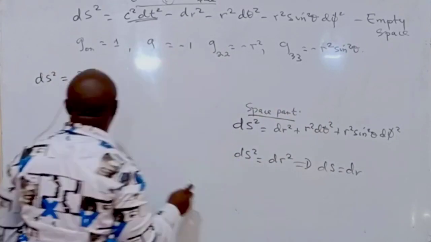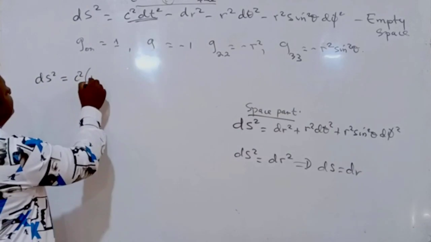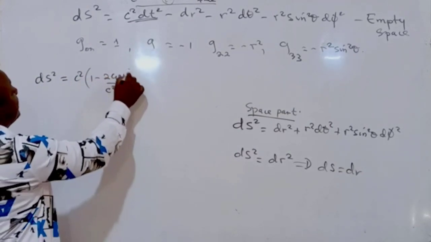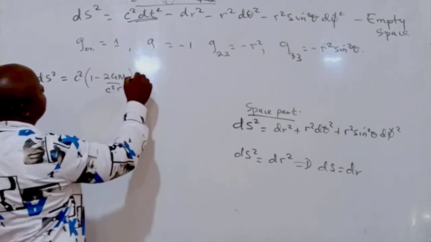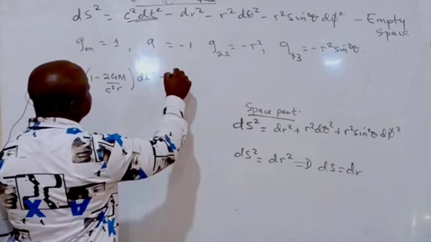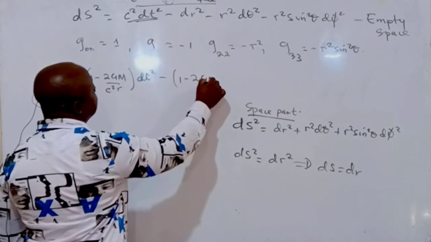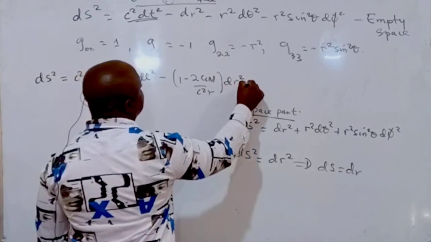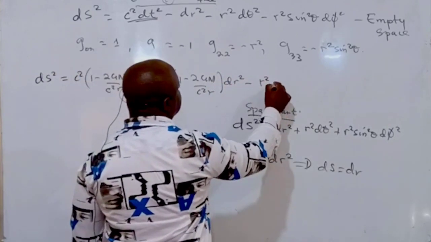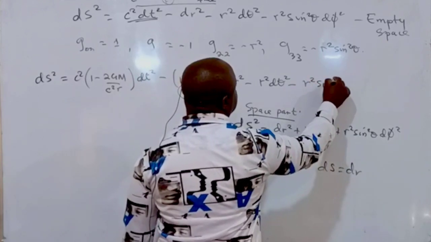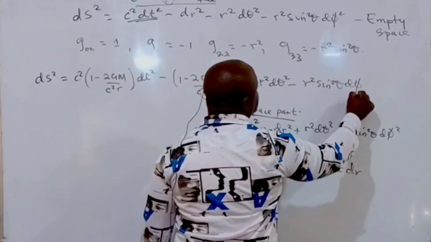So we have c squared into 1 minus 2GM over c squared r, dt squared, minus 1 minus 2GM over c squared r, dr squared, minus r squared d theta squared, minus r squared sine squared theta d phi squared.